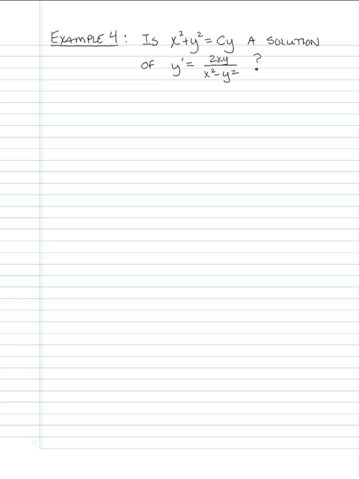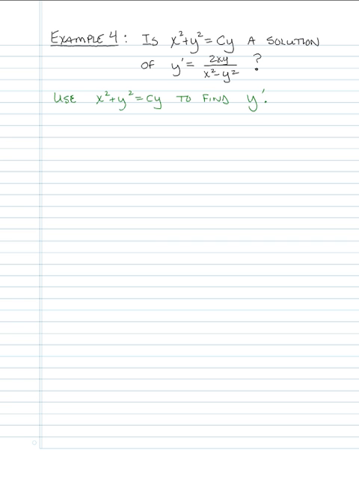We need to use the proposed solution, x squared plus y squared equals cy, to find y prime. And that's the whole idea. What is y prime if our original function is x squared plus y squared equals cy?